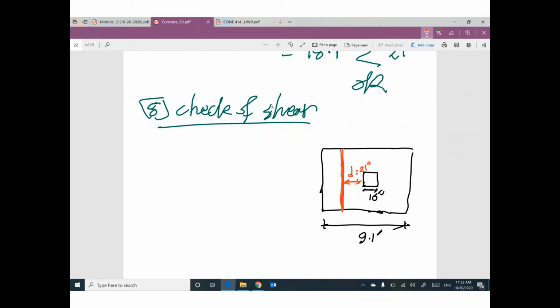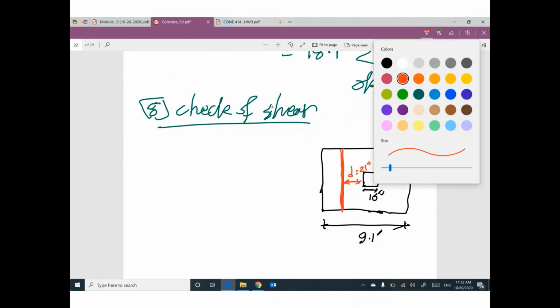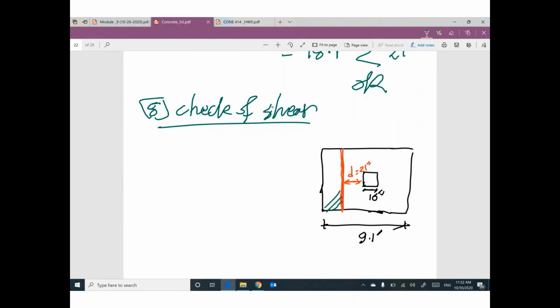Can you tell me, by the way, before telling me, this length for the footing is 9.1 feet. Can you tell me what is the length for this area? Be careful. I need an answer. I need someone to help me figure out this length.